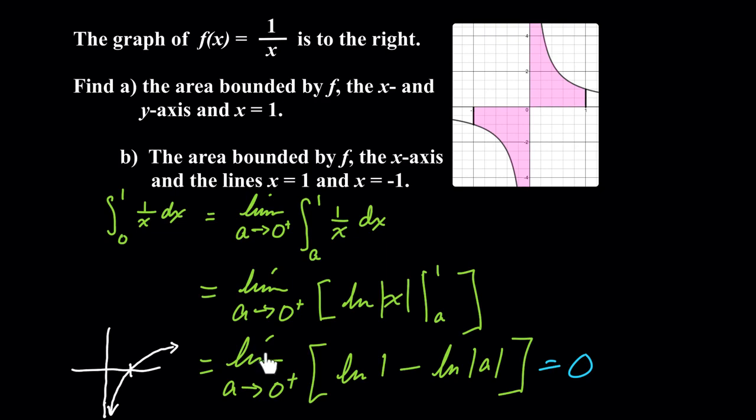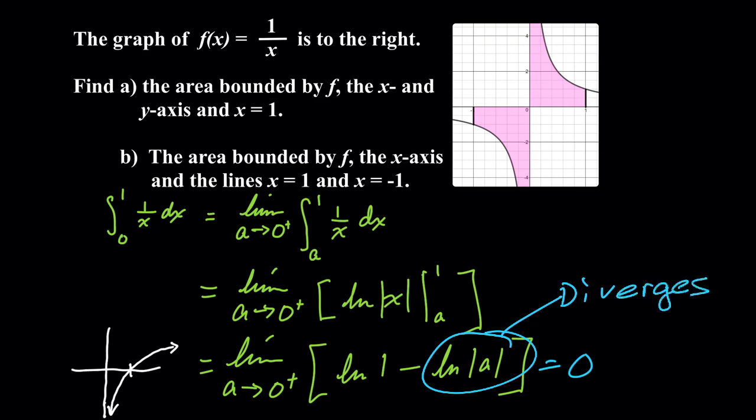So therefore, the limit as a approaches 0 from the right of the natural log of a means what's happening to our y values as a gets closer to 0. Well, this is approaching negative infinity. If this is approaching negative infinity, what that means is that this diverges.